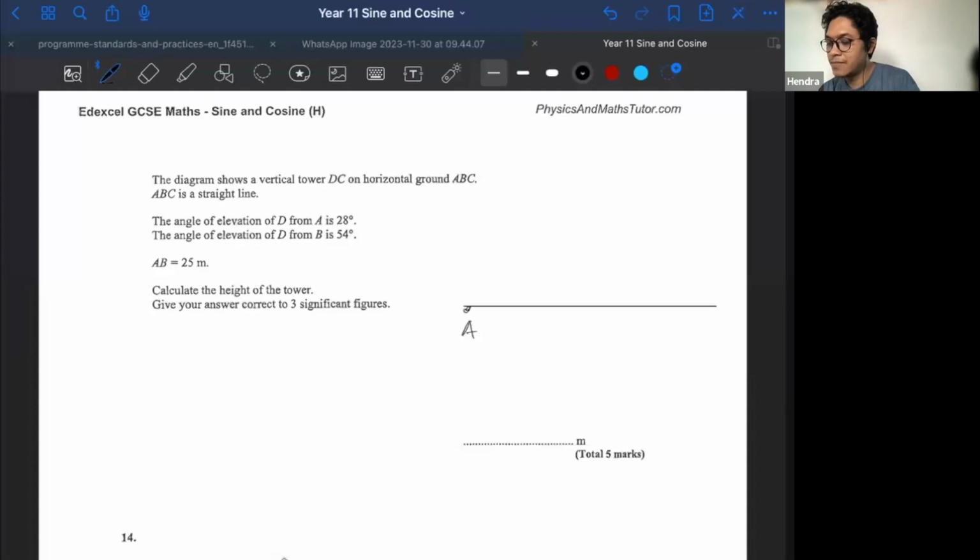So D should be somewhere here, and this is horizontal, which means the angle is 90 degrees.